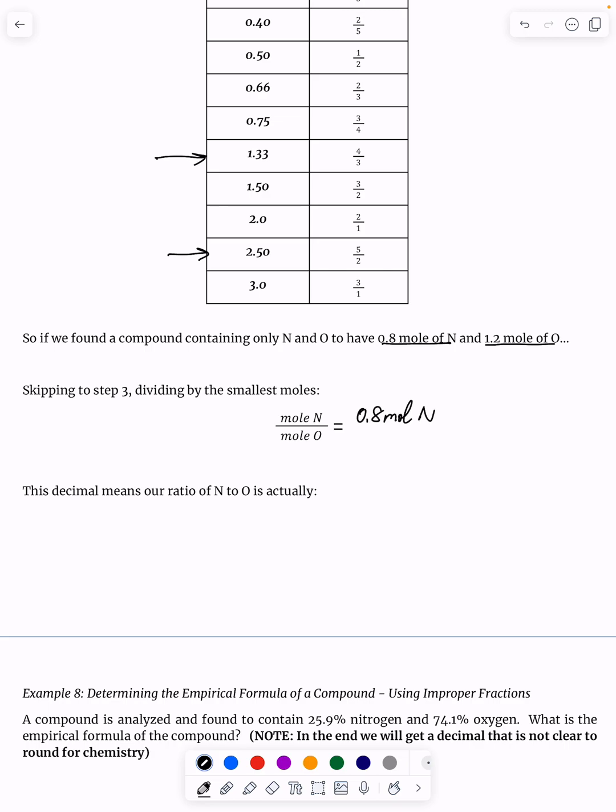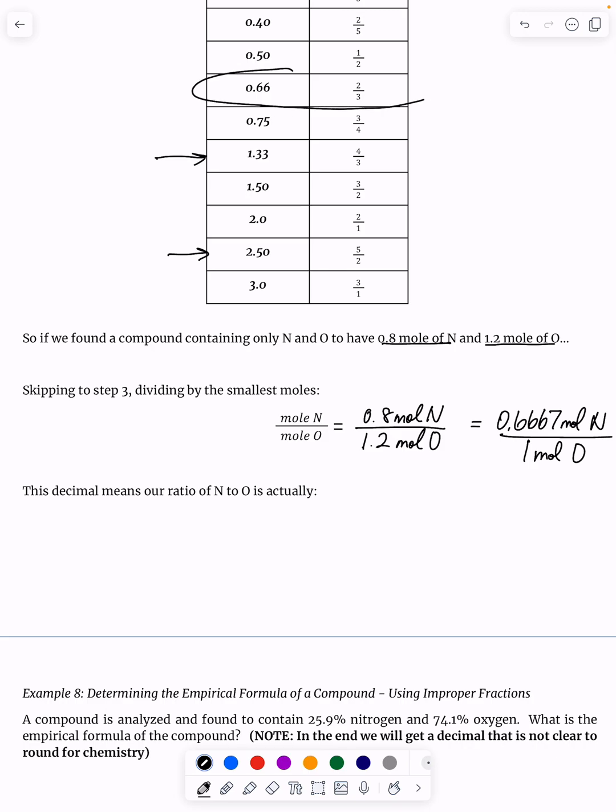Oh, whoops, I'm doing this wrong. Let's just get the mole ratio here. I have 0.8 mole of N divided by 1.2 mole of O. And right now, 0.8 divided by 1.2 is 0.6667 moles of N to every 1 mole of O.